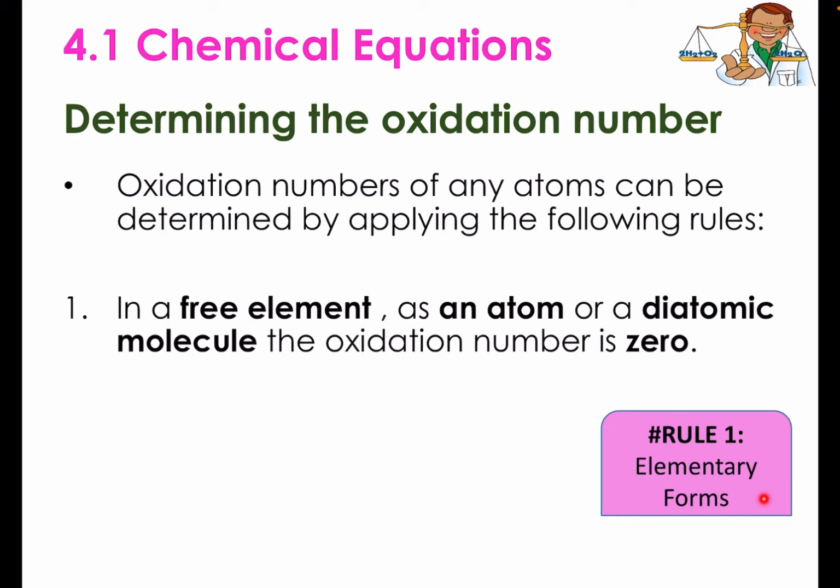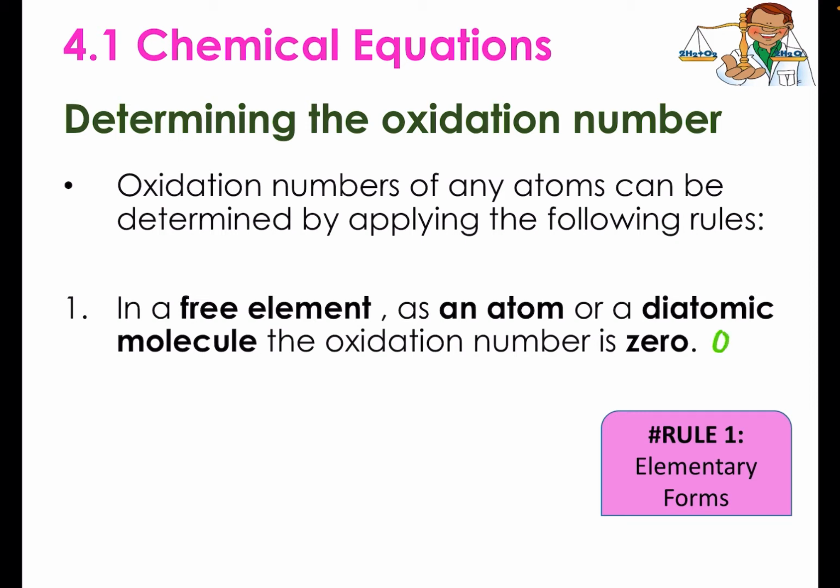It means that for an atom or a diatomic molecule, you have to know that the oxidation number is always 0. And when we want to write our answer, we have to write it as a number. Maksudnya kena tulis dalam bentuk nilai. So 0, which means kita akan tulis as in 0, like that.